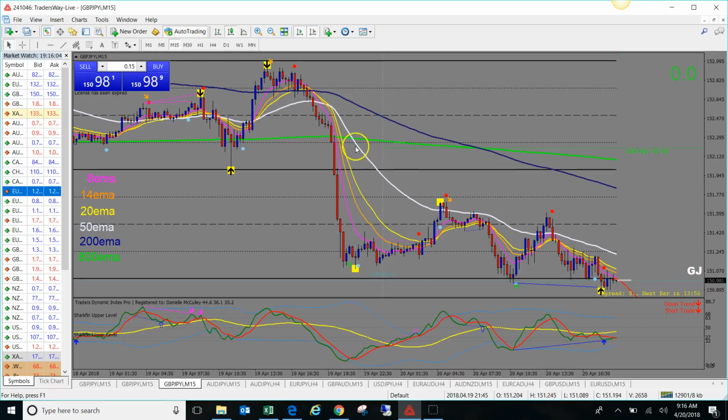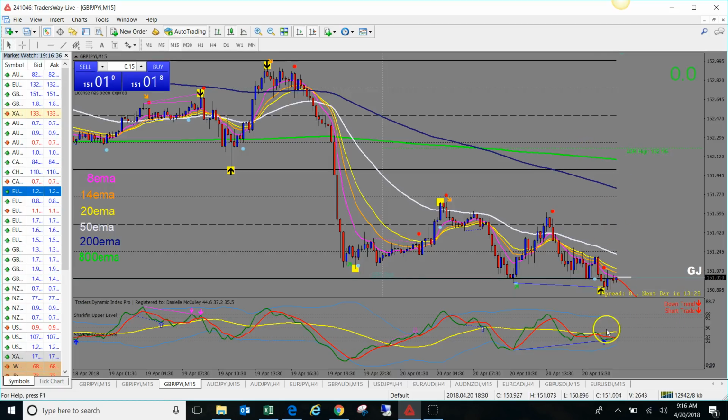Now, if they were a little bit further out, you can do a counter trend, but it has to be at least 50 pips or more away. And we're talking about the 50, not the smaller MAs. We're going to go off the 50. And the 50 is only like 25 pips away, so you wouldn't want to trade against that.